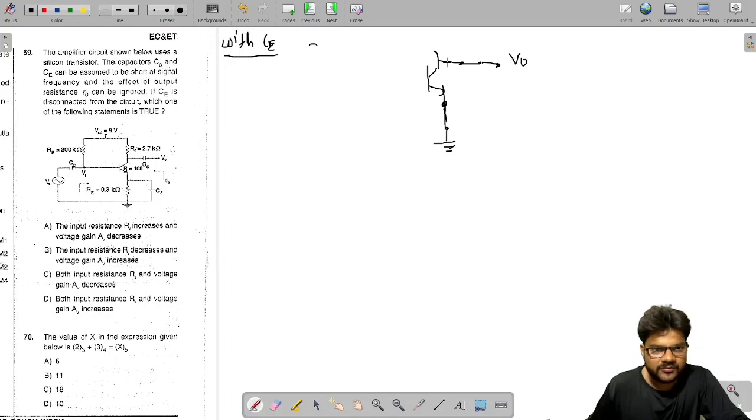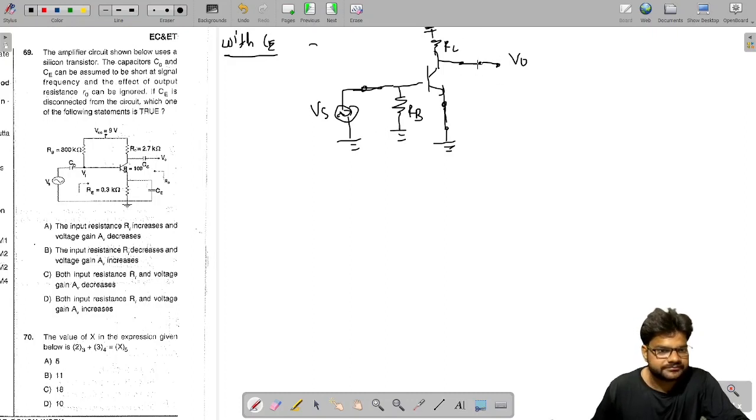We will take output from here, and this will be RC, and for AC analysis this will be grounded. RB is also grounded because this is connected to VC, and for AC this will be 0. Again this CC will be shorted, and the input Vs is connected there. So this is how the circuit will be for AC analysis.